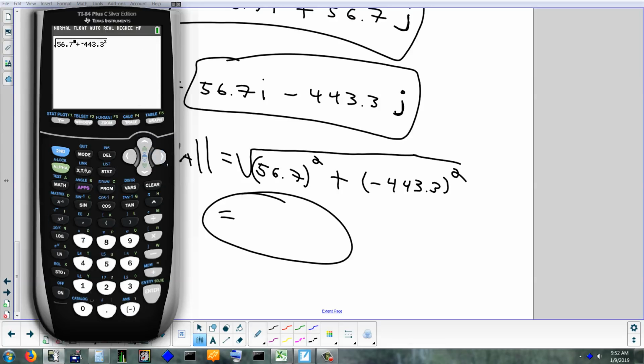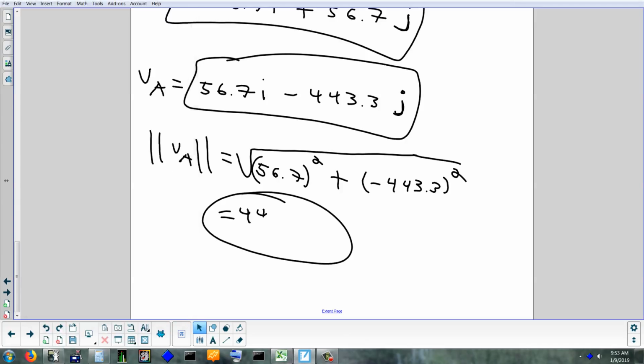I need parentheses. Anytime you put in a negative, you got to put parentheses. Now we should be good. So from somebody observing on the ground, the plane isn't going 500 miles an hour. It's going about 446.9. About.